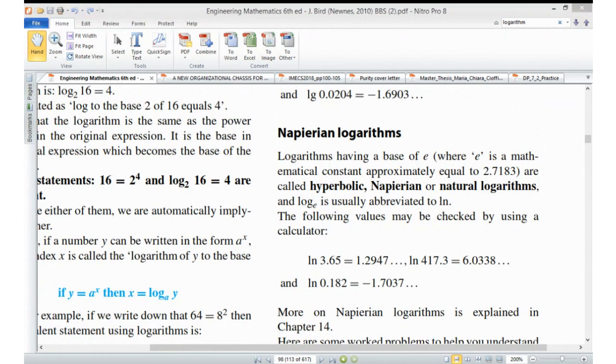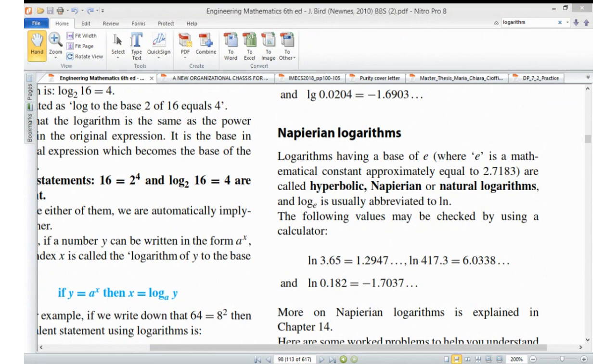The logs with base e are not really of interest to us at this particular level. We are not interested in deep knowledge about logarithms.